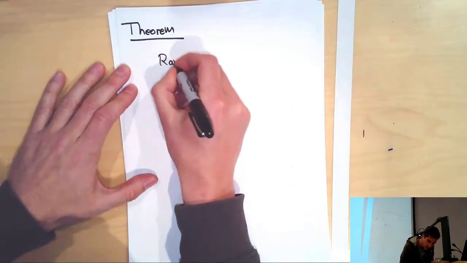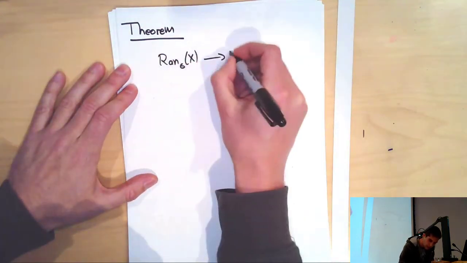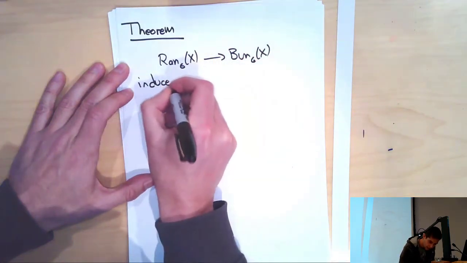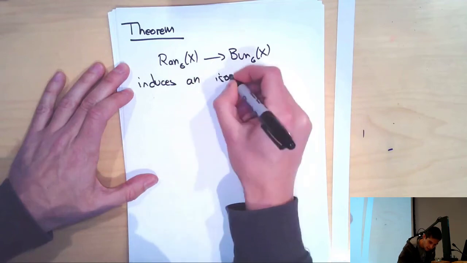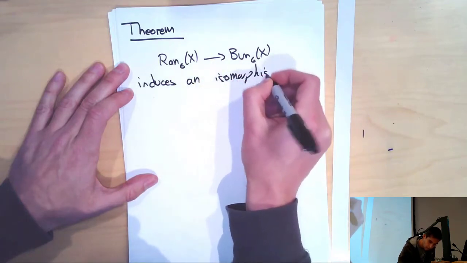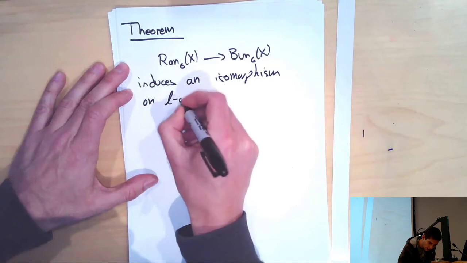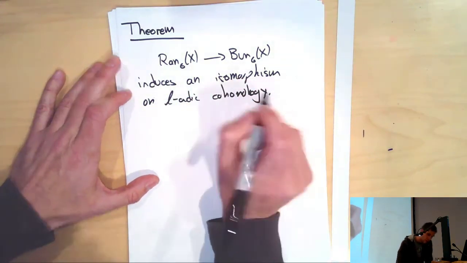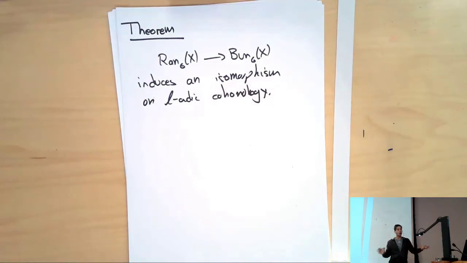This map from Ron GX to Bun GX induces an isomorphism on L-adic cohomology. So its cohomology is the same as the cohomology of an algebraic stack. Maybe this means we've computed it, or maybe not, because after all, the cohomology of Bun GX is the kind of thing that we really want to understand.